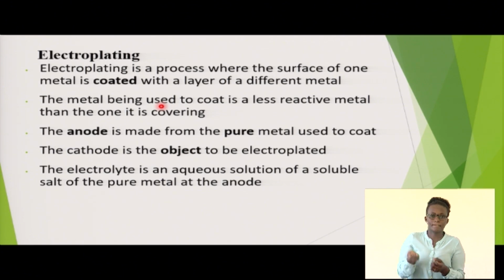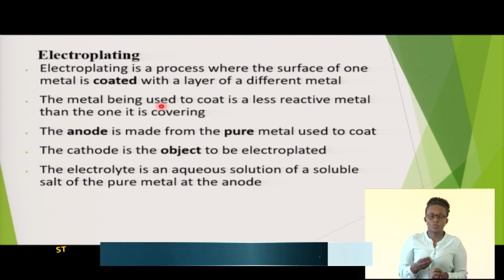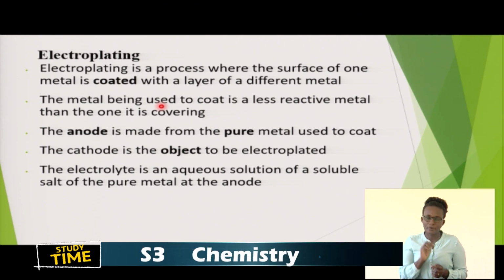We looked at the reactivity series. A metal being used to coat, maybe that metal that is used to cover another metal, must be less reactive than the one that it is covering. That is very important to note.